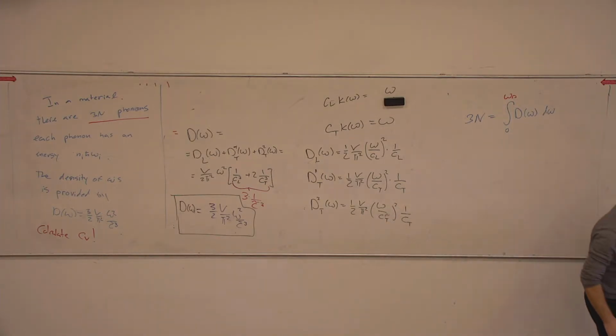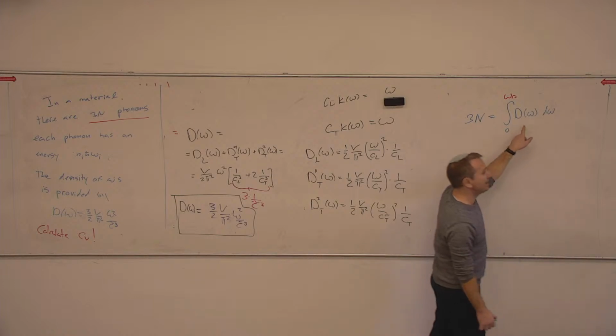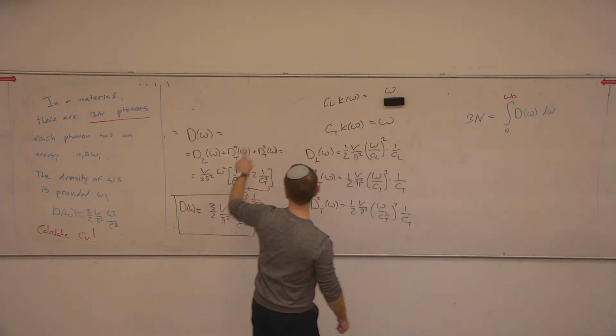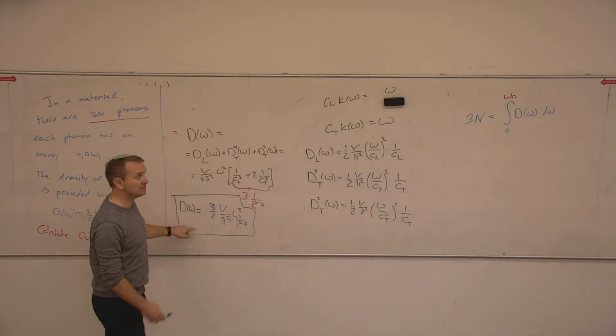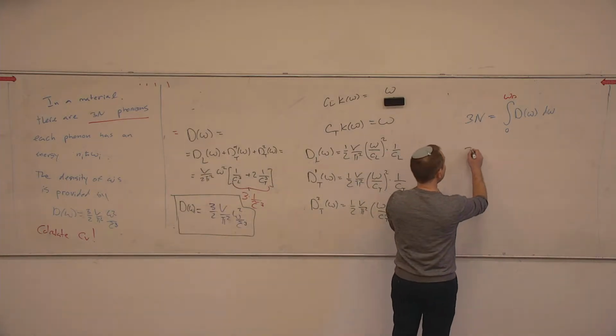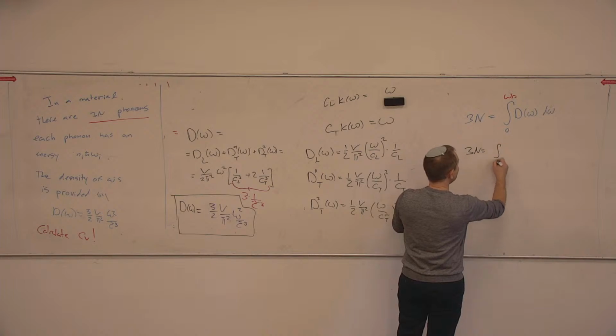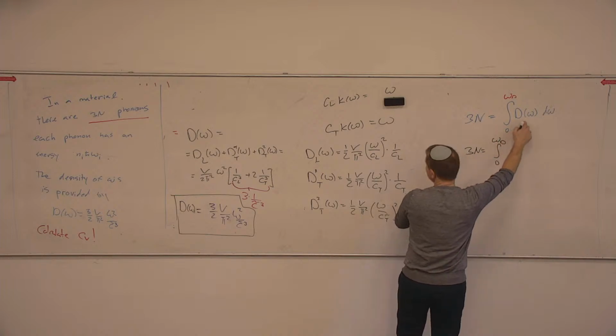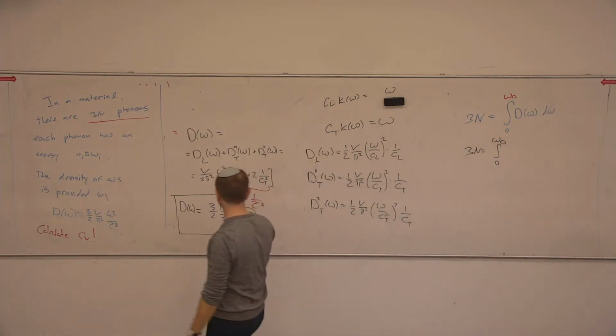So let's find out what this omega Debye is and how it's related to the other constants that we have inside the system, specifically the 3n. What we know is that 3n equals an integral from 0 to omega Debye. What is this d omega?